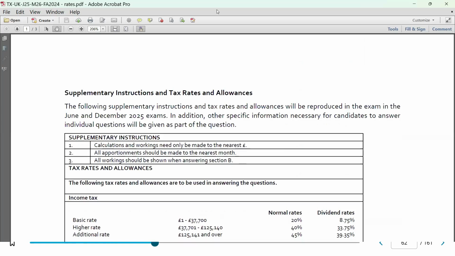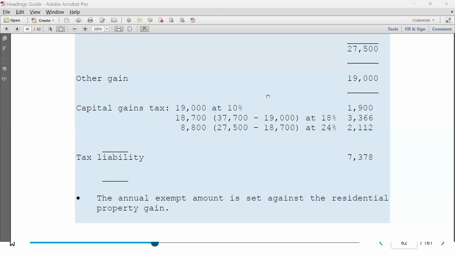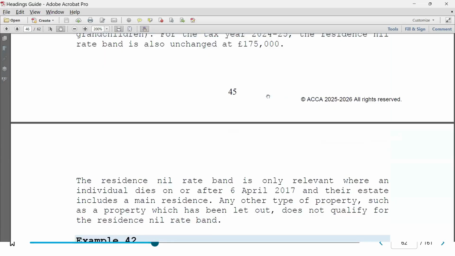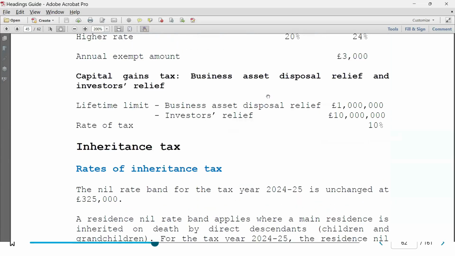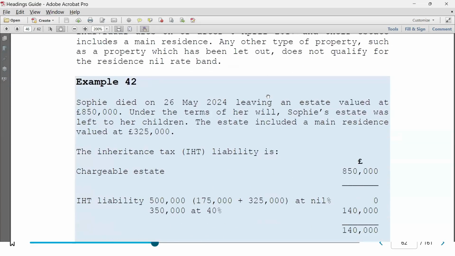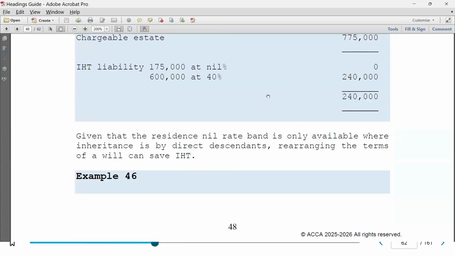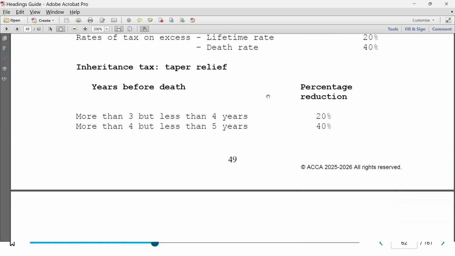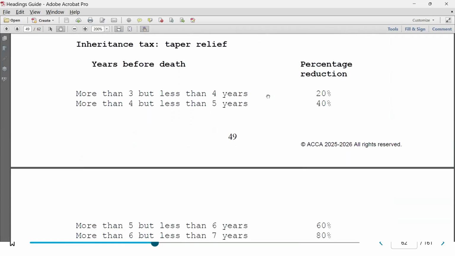So here we go. This is another document, the inheritance tax related details. So let me just show the table. This is the taper relief table, years before death.